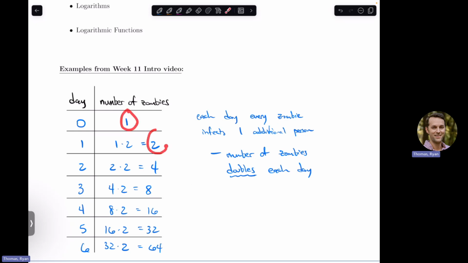Which gives values like this, which we can think of as 2 to the first and 2 squared and 2 cubed and 2 to the fourth and so on. This is exponential growth with base 2.